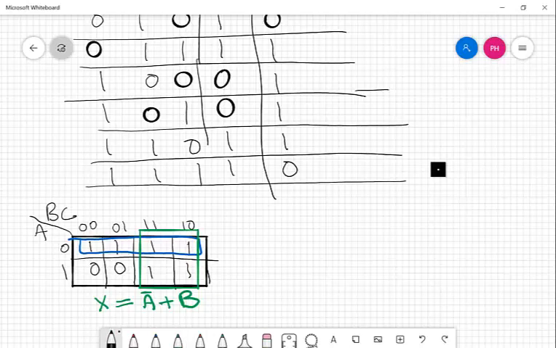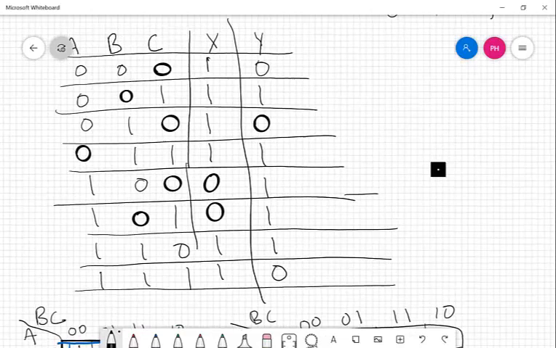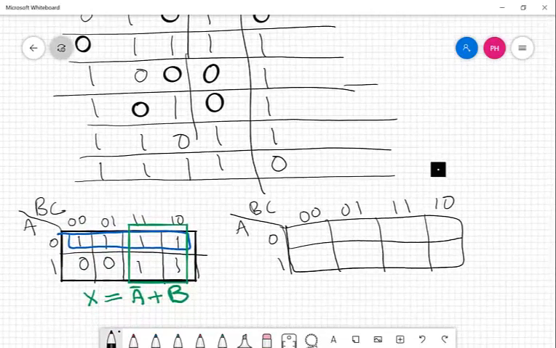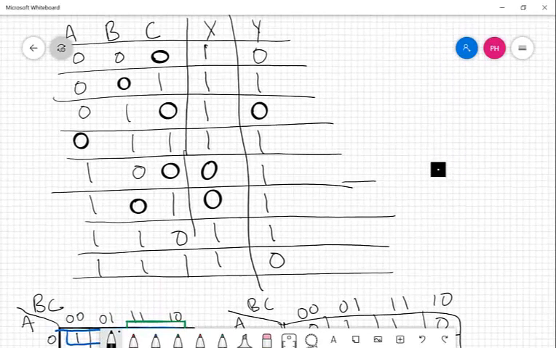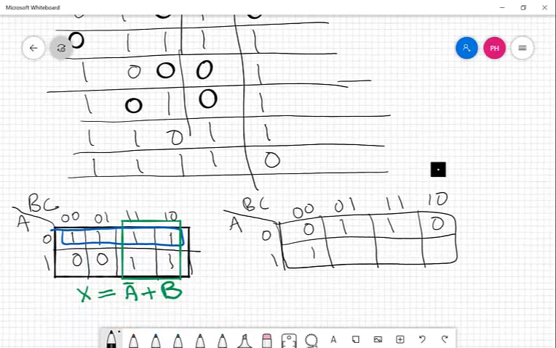And now I will try to do the same for Y. We have A, B, C, 0 0 0 1 1 1 1 0 0 1, so our B is 0 1 0 1 0 1 0 1 and 0 1 0 1 and 1 1 1 0 1 1 1 1 0.